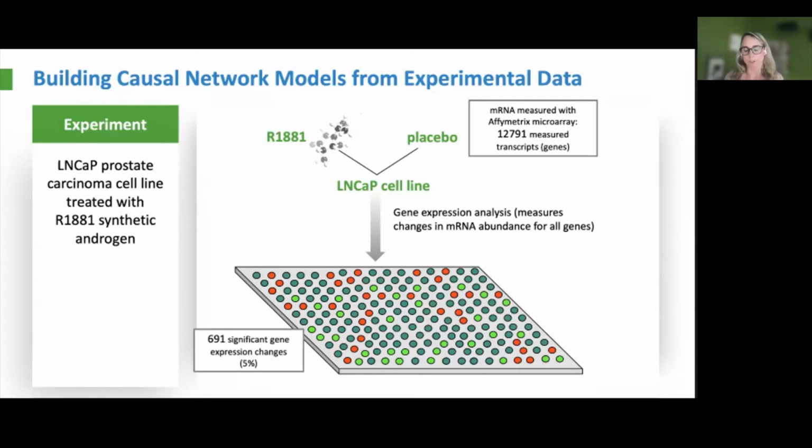There are significant changes in gene expression that were identified, and those are what are highlighted here in the bright red and the green. In this particular case, it was an Affy array. There were about 1,200 measured transcripts, and of that 1,200, 69 significant gene expression changes were identified. So it's about 5%.